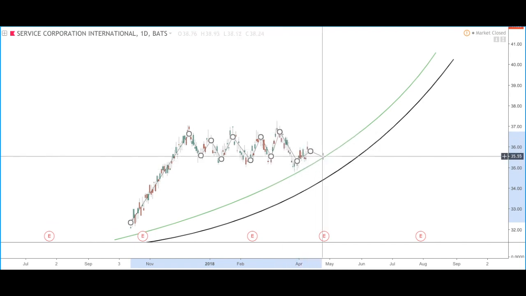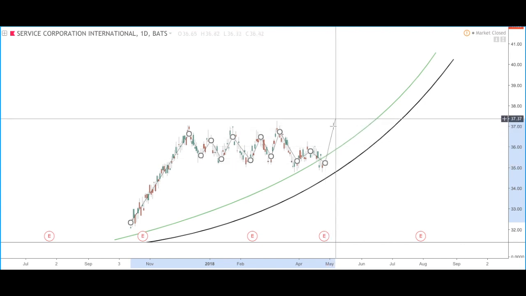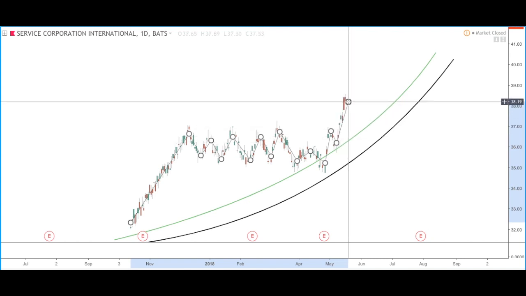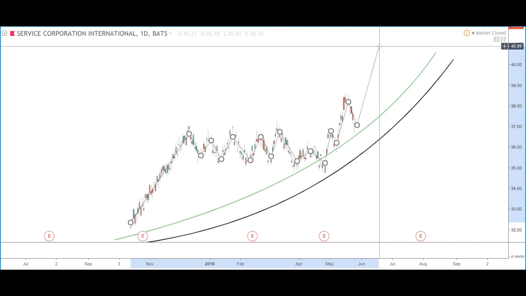And then say price dips below the 50 moving average, price breaks above the previous resistance, retests, finds support, and then continues to the upside.